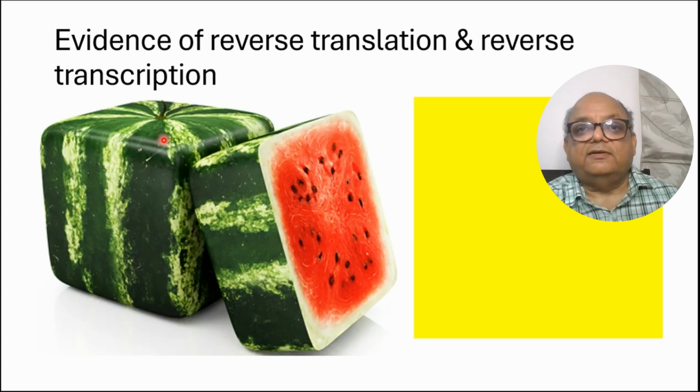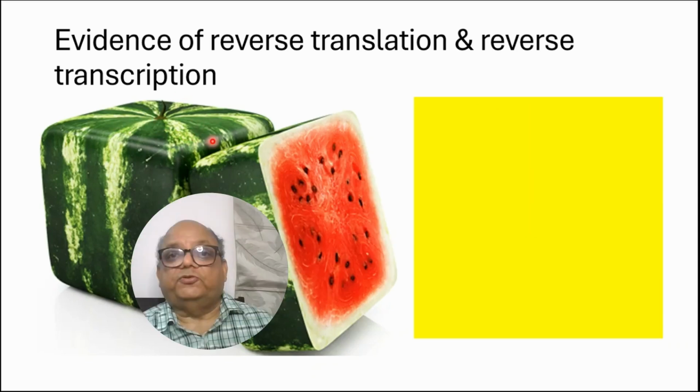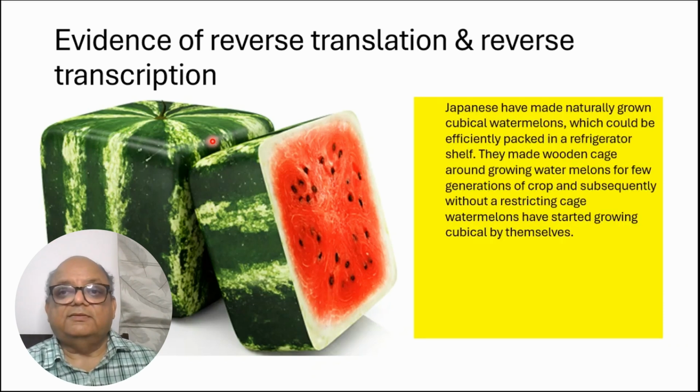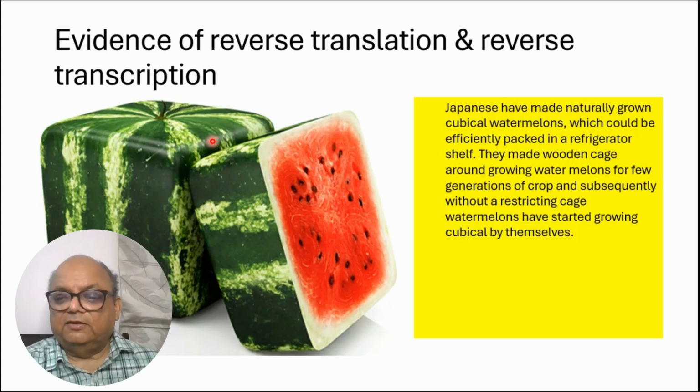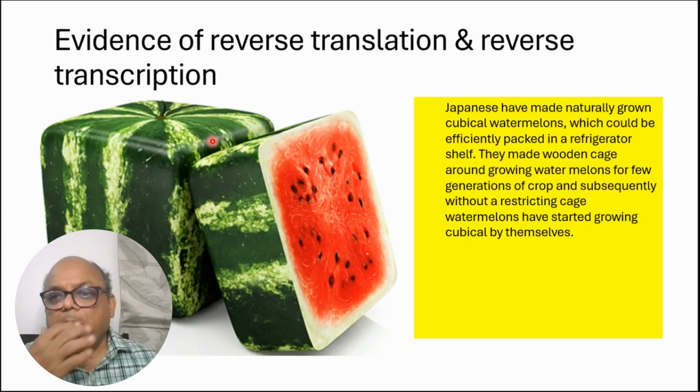And after some generations, those plants got genetically modified, and even without boxes they started producing cubical fruits. Now, this required several crops of doing this. Then the genetic modification happened. Of course, it would not happen in a single plant in a single generation. So, by themselves, they have become cubical.